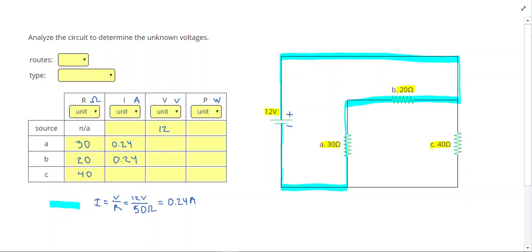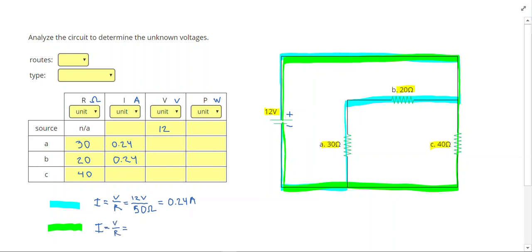Alright, so then let's check out another route. This time I'm going to highlight in green. So if I start at the positive end of the battery again, but this time I go straight at this intersection, I trace only through C. So now for my green route, I can do I equals V divided by R. And that gives me 12 volts again.